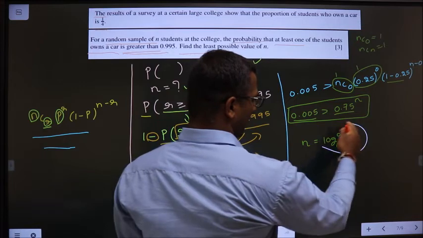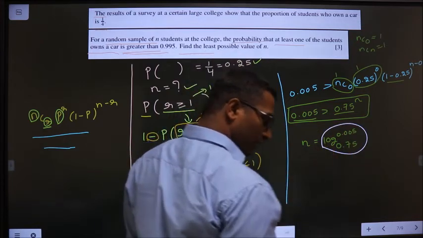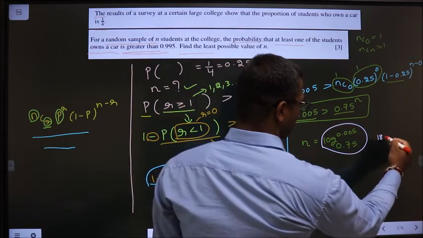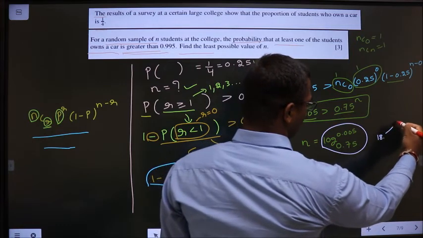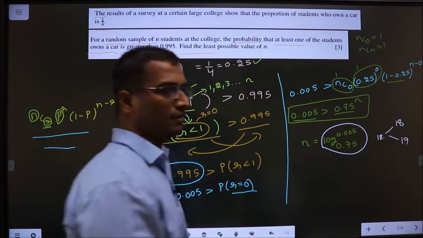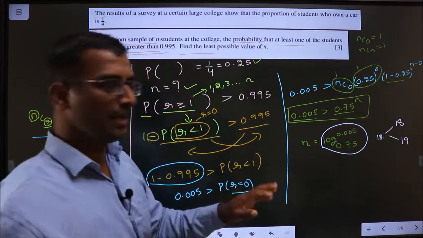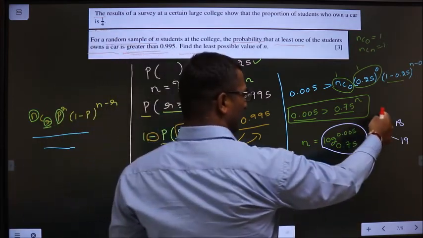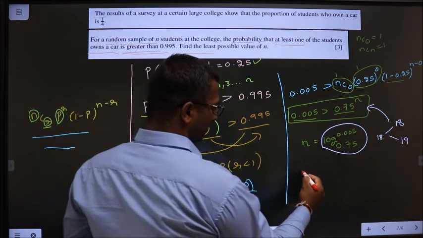So put this in the calculator. You get 18 point some change. So now you need to decide whether the n value will be 18 or 19. How do you decide that? By replacing it in the inequality.